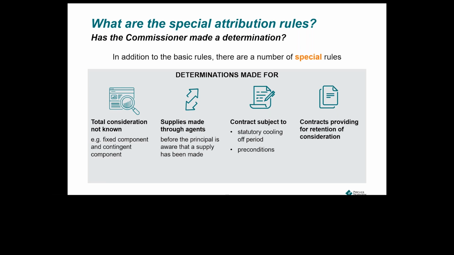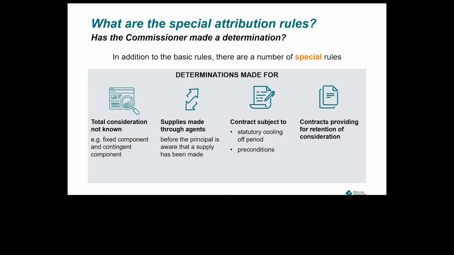Effectively, that determination says you need to account for the GST on the fixed component of the consideration at the time that it's known under the ordinary rules, and then you account for the GST on the contingent component at the point when you become aware of that contingent component and the fact that it will form part of the total consideration for the supply.